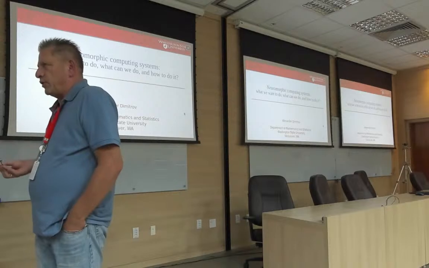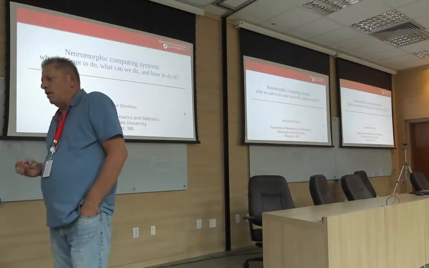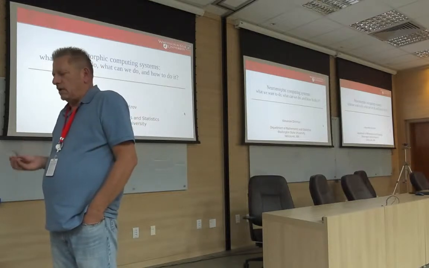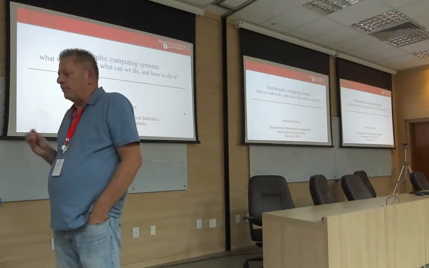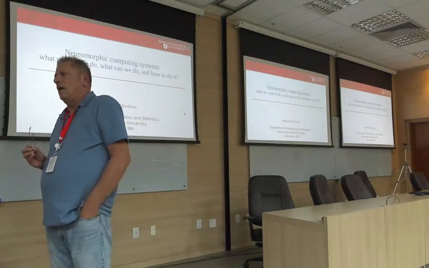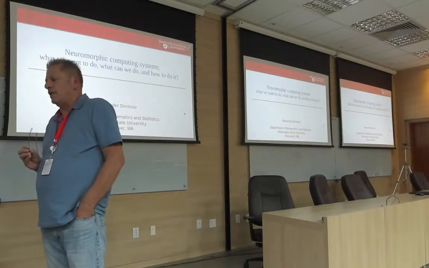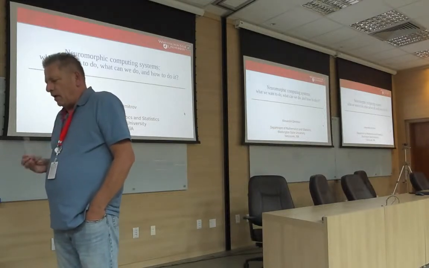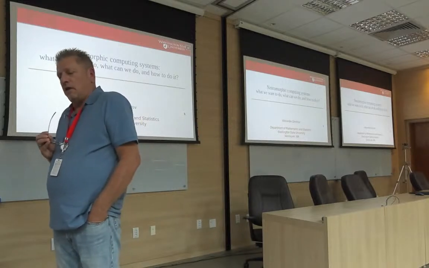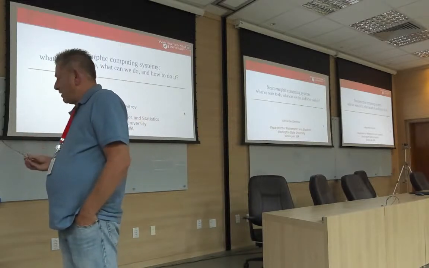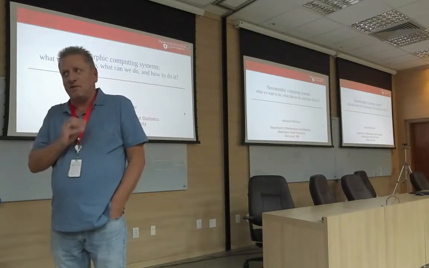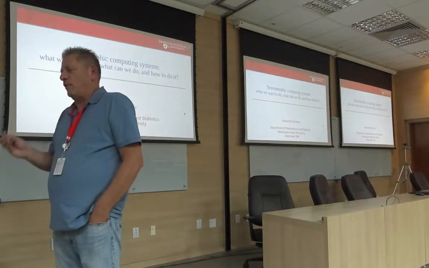I have the pleasure of introducing Professor Alexander Dimitrov, who is a professor in the Department of Mathematics and Statistics at Washington State University in Vancouver, Washington. Professor Dimitrov is a very old acquaintance and friend of mine, alumni from high school, and one of the smartest people that I know from high school.